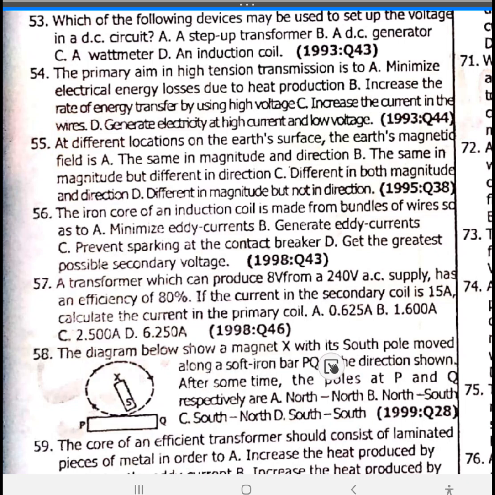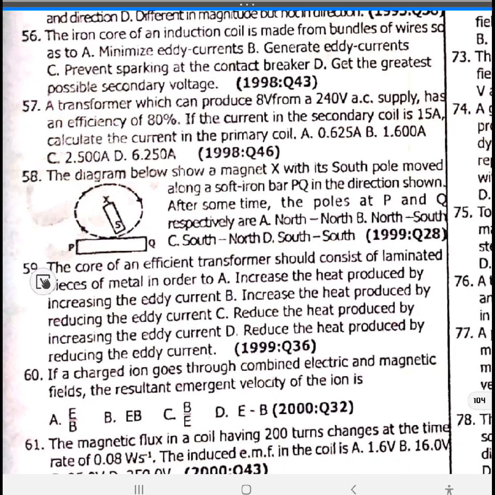The diagram below shows a magnet X with its south pole moved along a soft iron bar PQ in the direction shown. After some time, the poles at P and Q will be north and south pole respectively. Option B, north and south pole respectively.